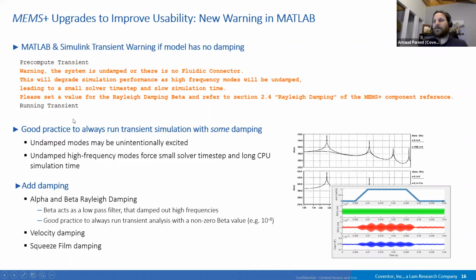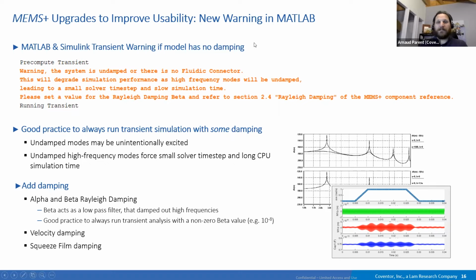Very high frequencies are possible in your model, and they will eventually ring at some point, and very high frequency means very small period. So the time step needs to be even smaller than those very small periods. Your variable time step solver will create very small time steps, and in the best case scenario, you will see your simulation not move, taking a very, very long time. And in the worst case scenario, it will not converge and will fail with an error.